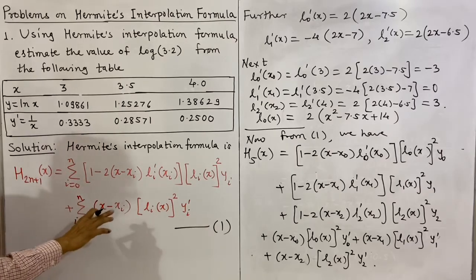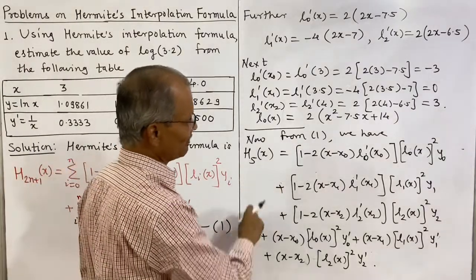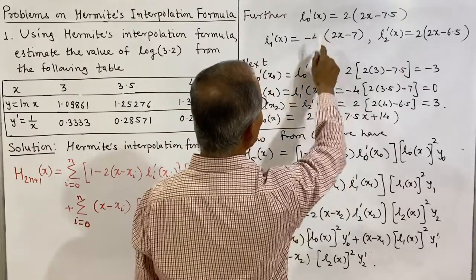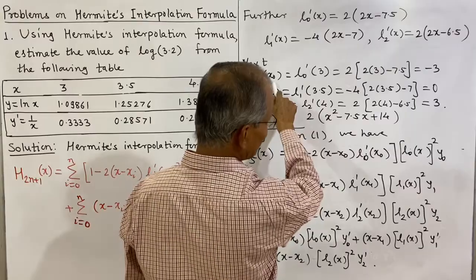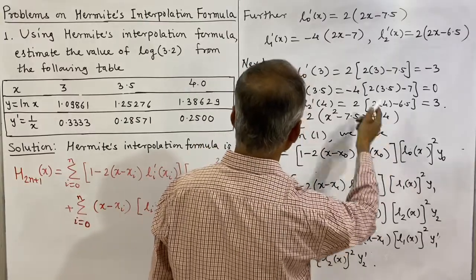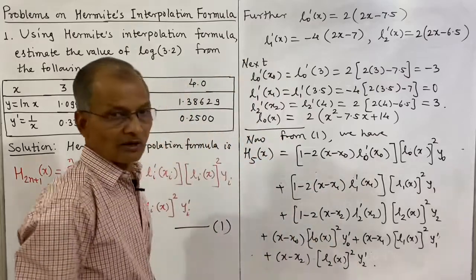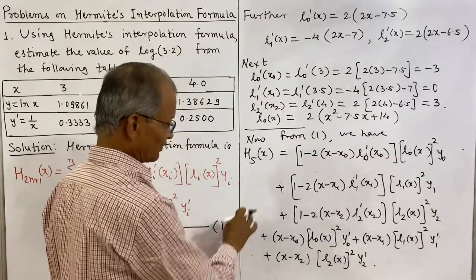Now the values we have earlier obtained, here are the values: what is L0 dash at x naught, and L0(x) we have written earlier. So substitute these earlier obtained values in this expression.